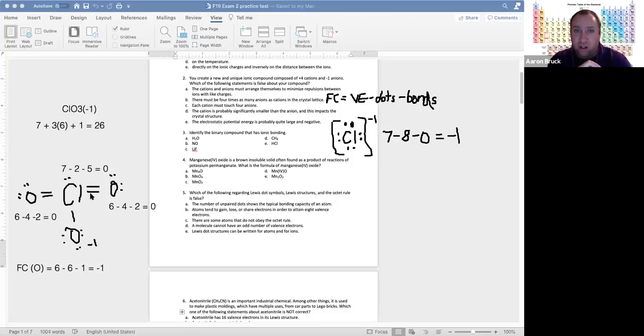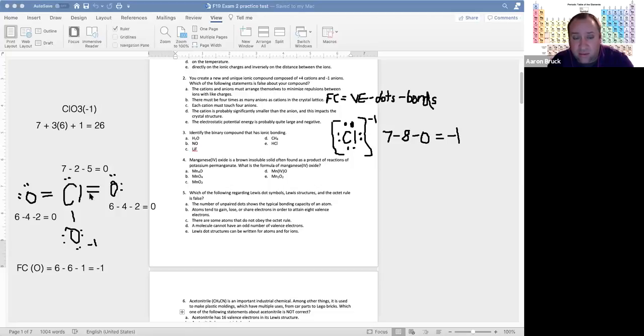Formal charge is taking a look at what the electronic environment around that atom looks like. And so sometimes it's a matter of satisfying the octet rule. Some cases we'll actually see the octet rule getting violated in order to satisfy formal charge a little bit more completely.